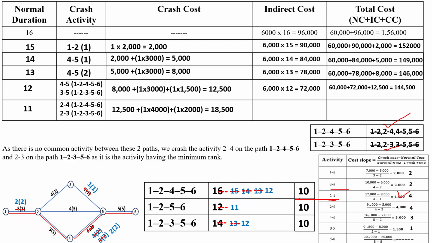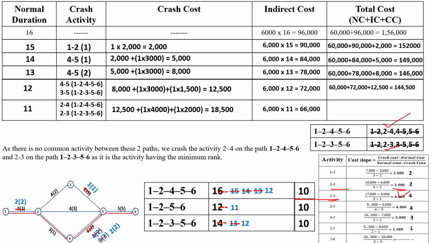The 2 to 3 cost slope is 2000. So 1 into 2000. Then crashing cost is 12,500 plus 1 into 4,000 plus 1 into 2000, which is equal to 18,500. And indirect cost is 6,000 into 11 days, which is equal to 66,000.